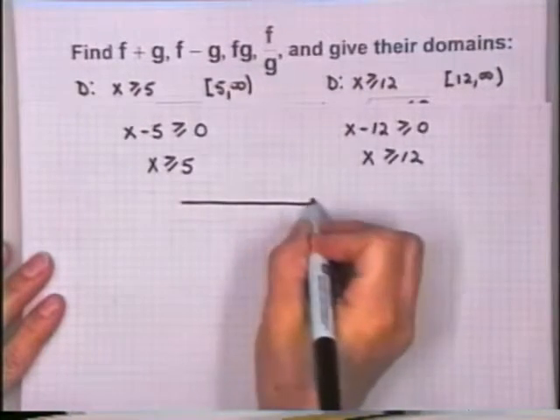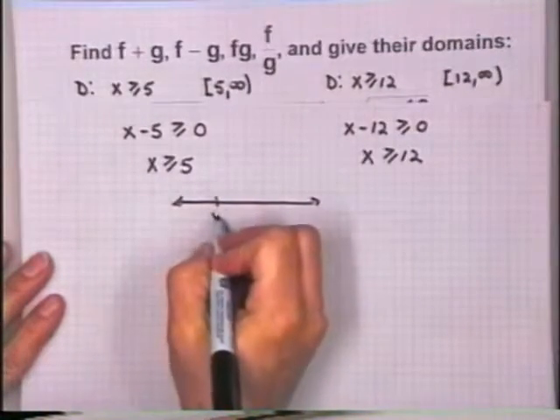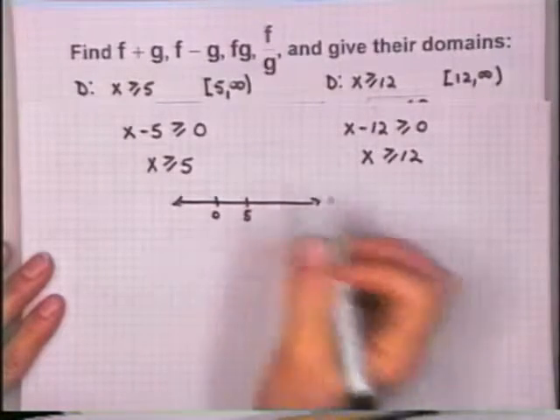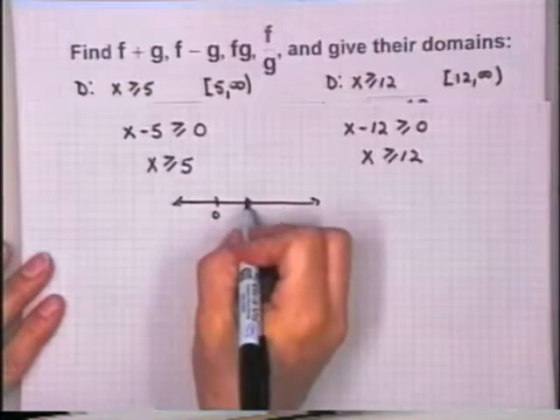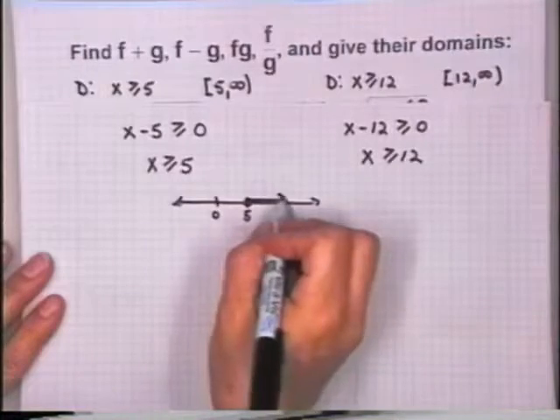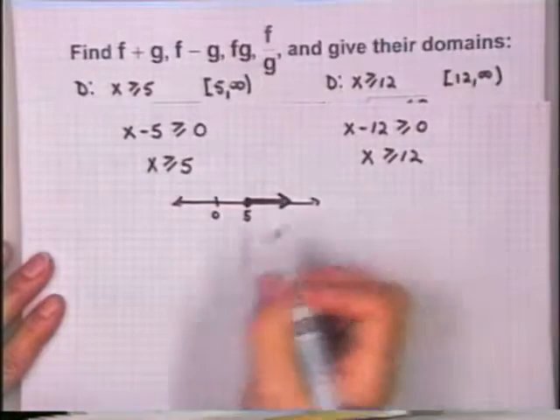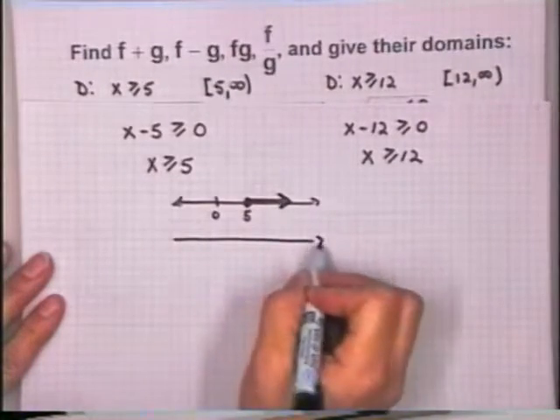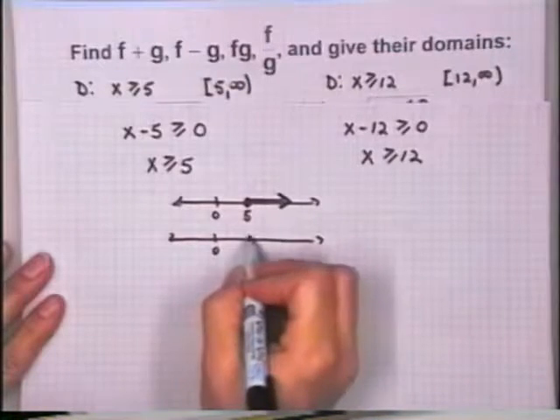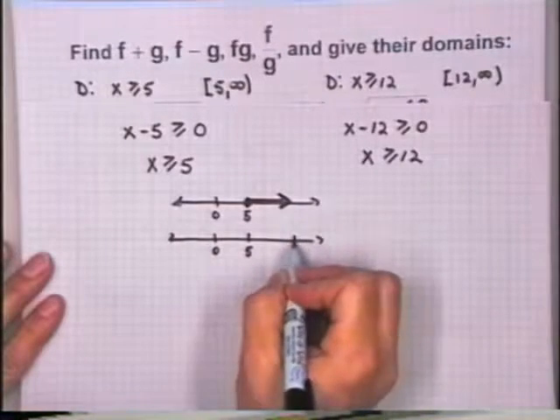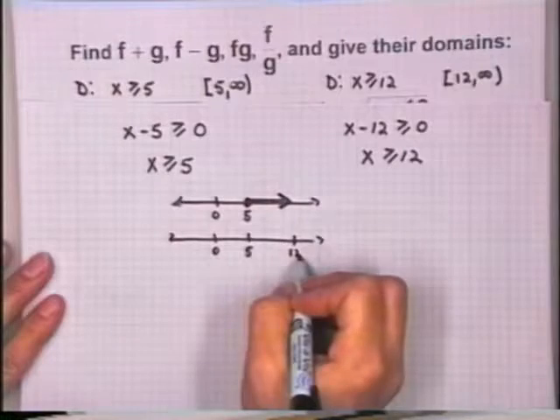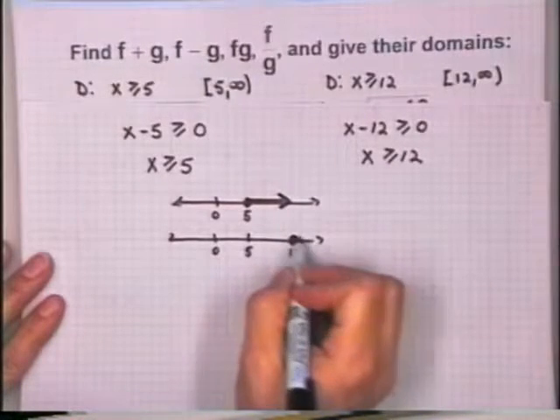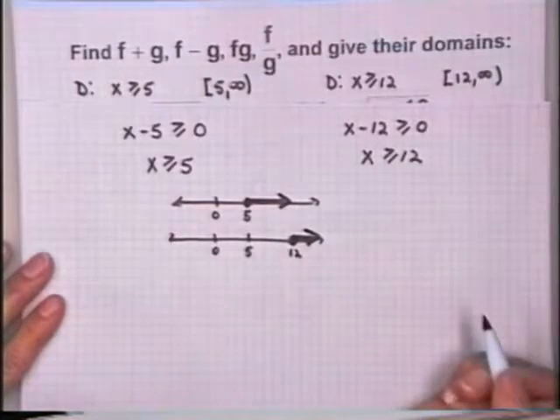If I take a number line, and here's 0, and let's say 5, the numbers greater than or equal to 5 would be from 5 to the right, wouldn't they? Let's do a second number line right underneath there. Here's 0, here's 5, and 12, of course, is over here somewhere. The numbers that are greater than or equal to 12 would be from 12 to the right.